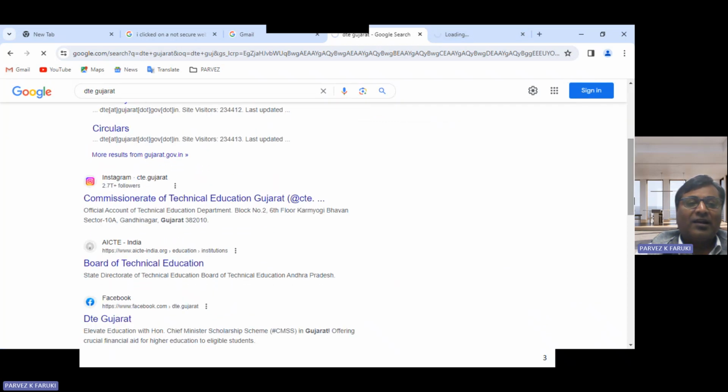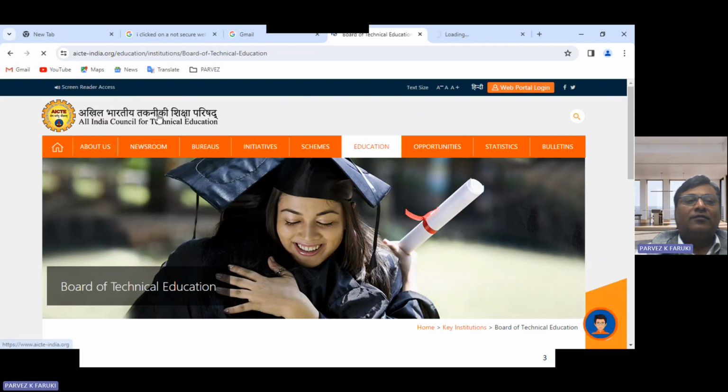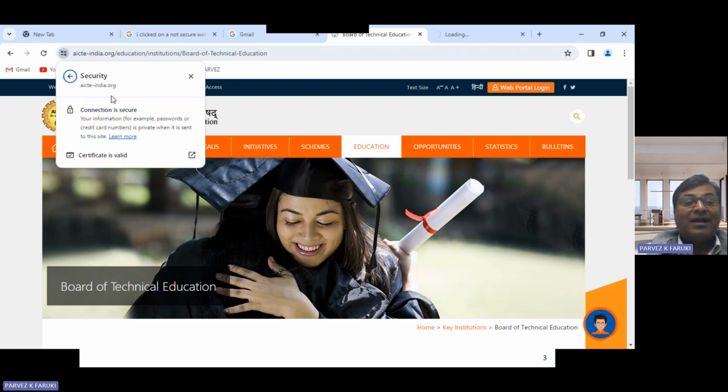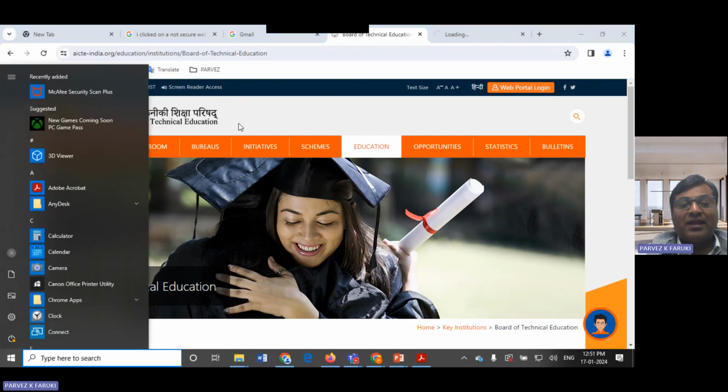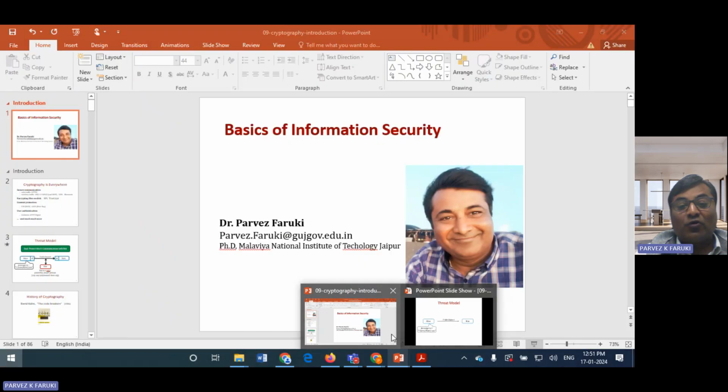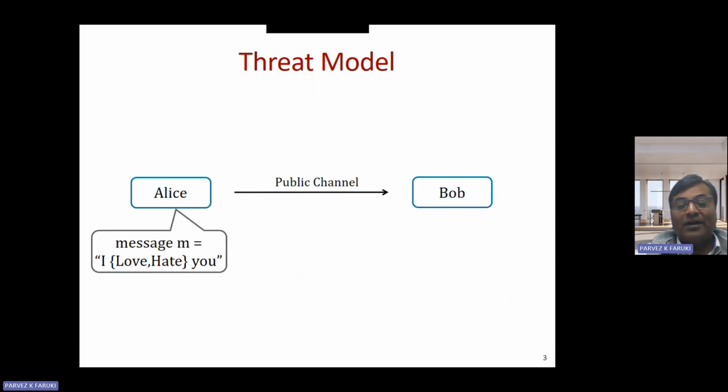Similarly, when I look at this website, this is the All India Council for Technical Education, which is a monitoring body. By default it is paying for an additional SSL, but still the user data which travels needs to be protected rather than only depending on SSL.